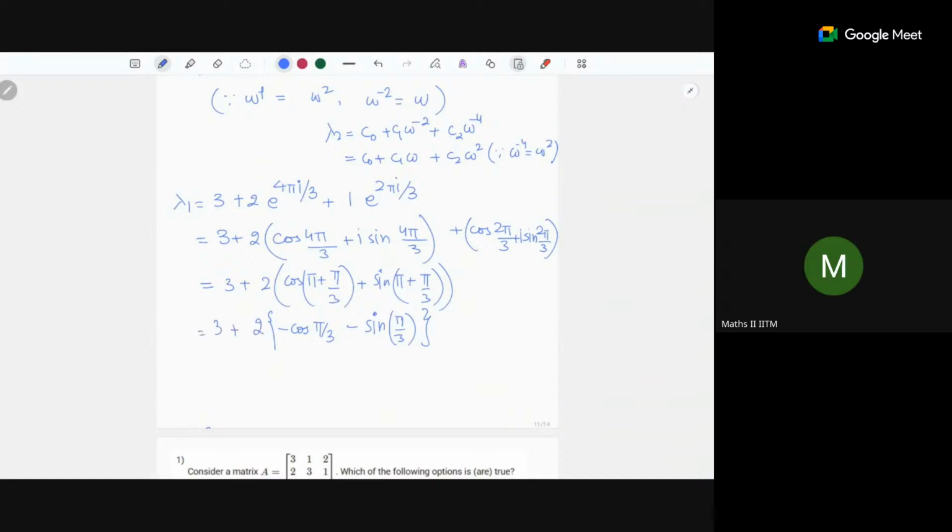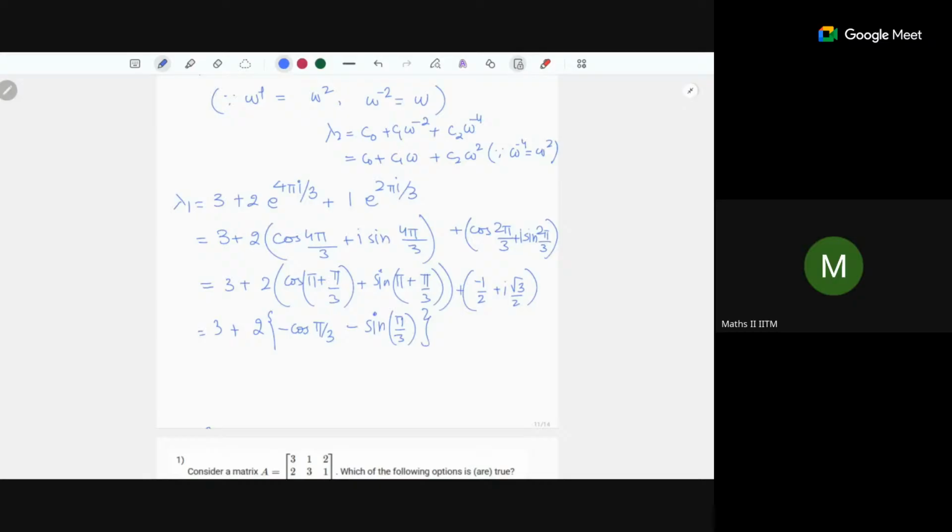And then similarly you can calculate this. This is 2 pi by 3, which is like 120 degrees. Cos 120 degrees is minus 1 by 2, plus I times root 3 by 2.